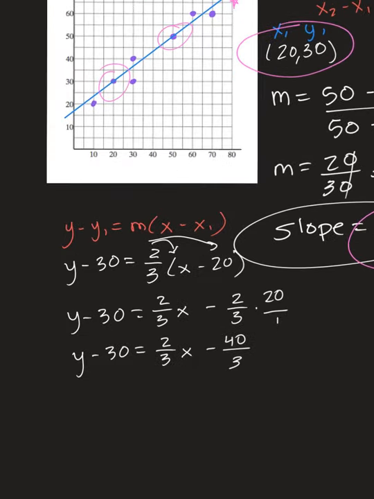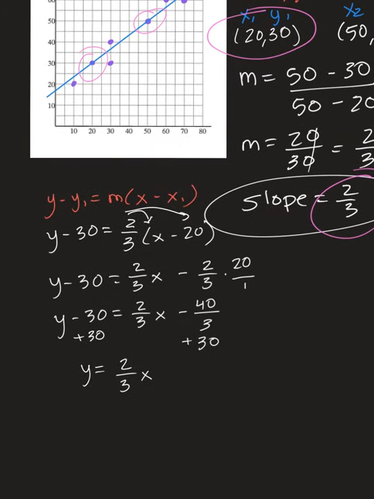Next thing is we just need to add 30 to get our y by itself. And then we have here negative 40 over 3, and we need to add 30. So I need a common denominator.